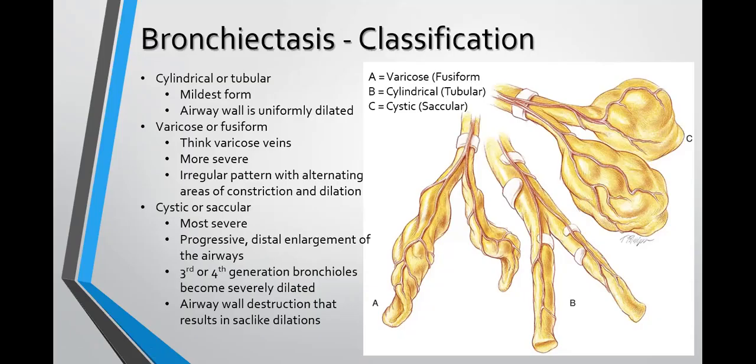It's the mildest form. Then we have varicose or fusiform. Varicose, also known as fusiform, right? It's like thick varicose veins, right? The most severe case of bronchiectasis would be varicose. That's A. See that? That's A. That's varicose.